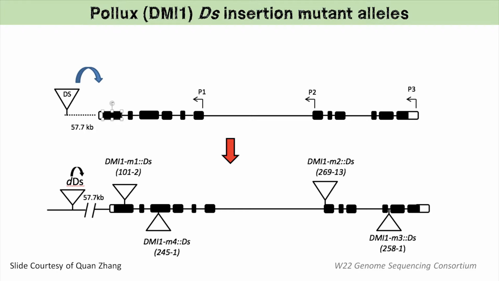So Tuan Zhang, who's a postdoc in the lab, created a population of 3,000 individuals, and then with PCR basically mapped 4 independent insertions into this gene, and has now effectively mutagenized this gene and is doing a more detailed characterization.